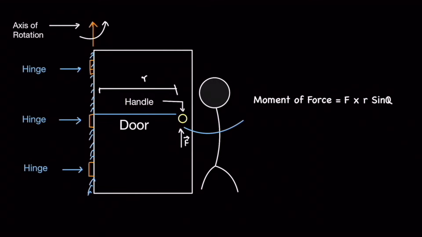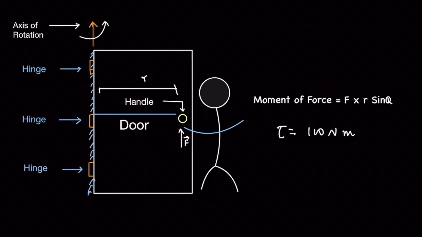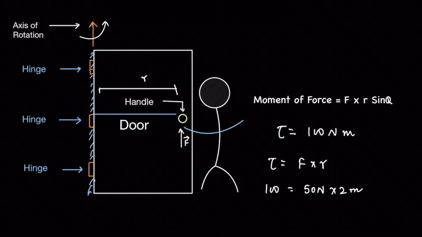If I consider the moment of force, tau, equal to 100 Newton meter, then tau is equal to F into R. If it is 100 and we apply 50 Newton of force, R must be 2 meter. This is case 1. In the second case, I am applying 20 Newton of force. So in this case, R will be 5 meter.